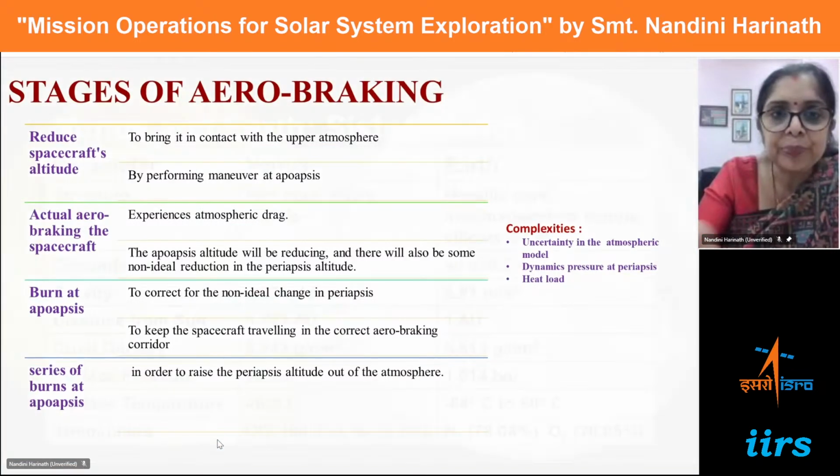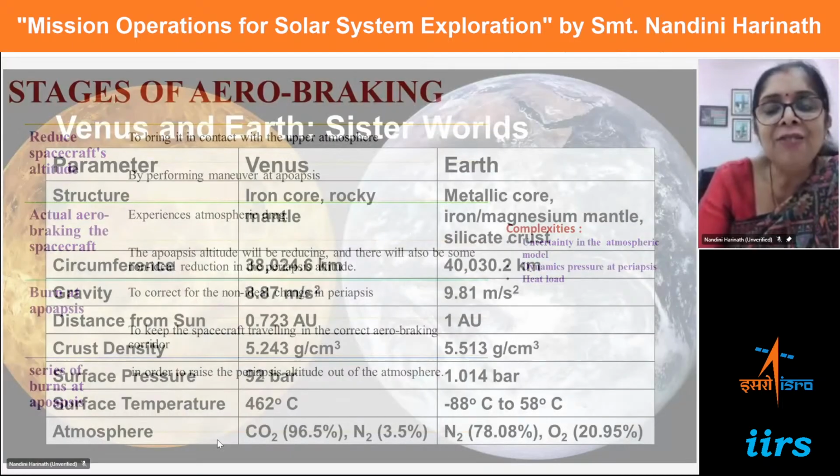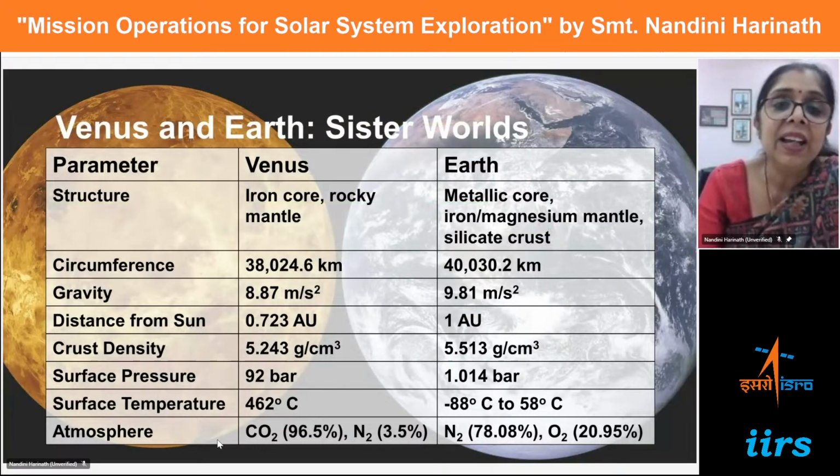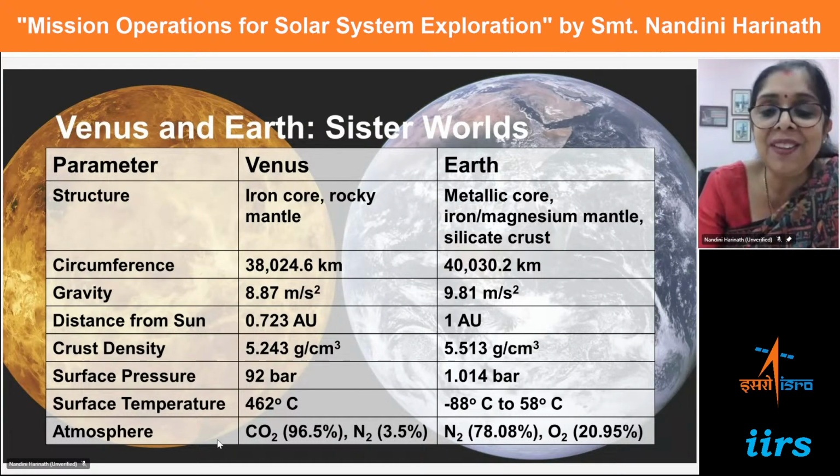So let us go further. Now we have our sister worlds. I already explained that a mission to Venus could be extremely challenging. On Earth we experience temperatures of something like minus 88 to 58.